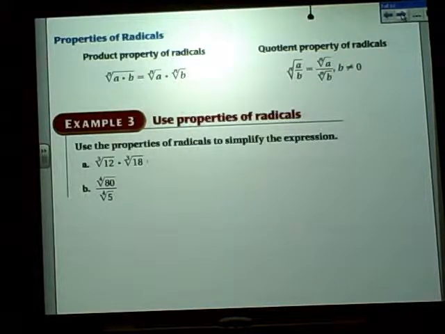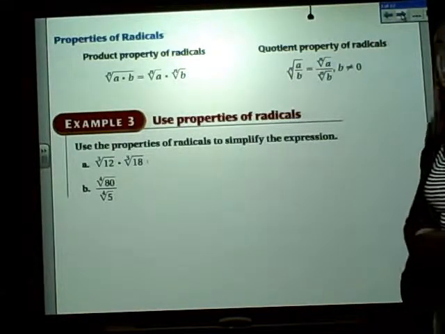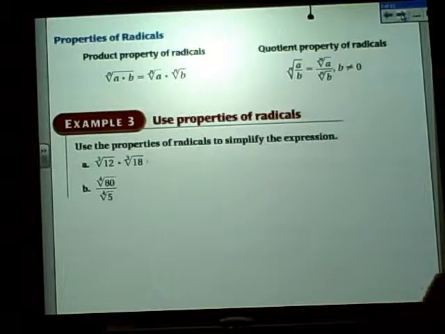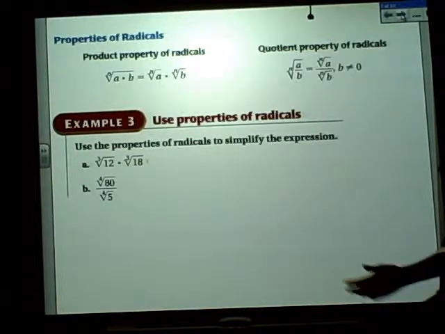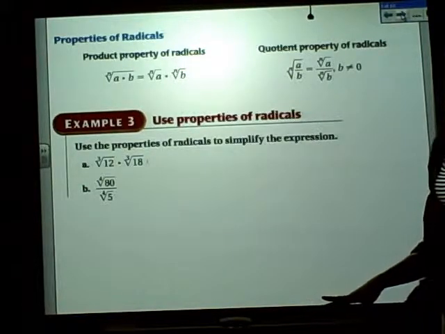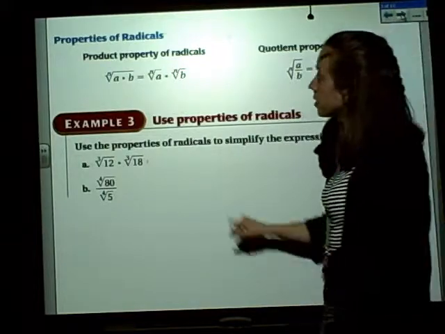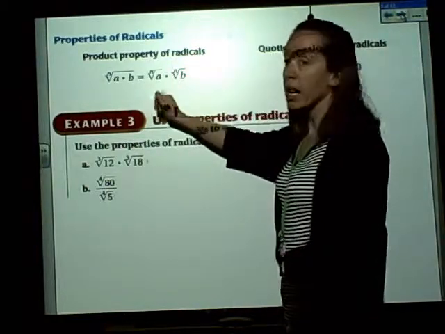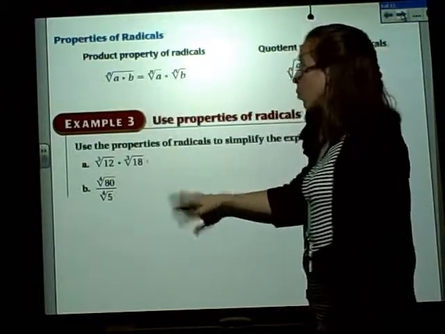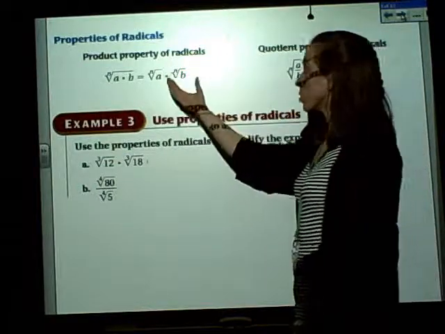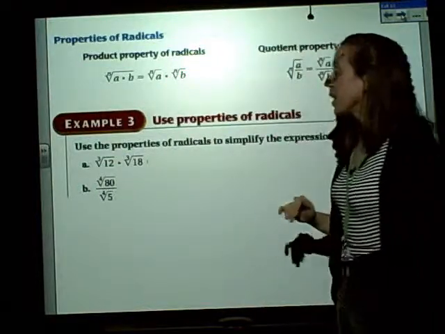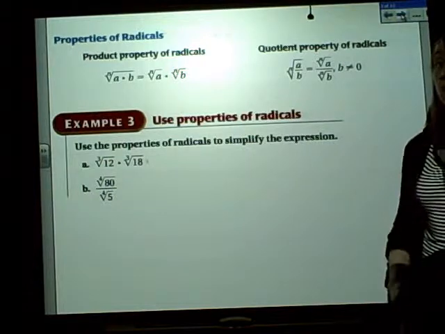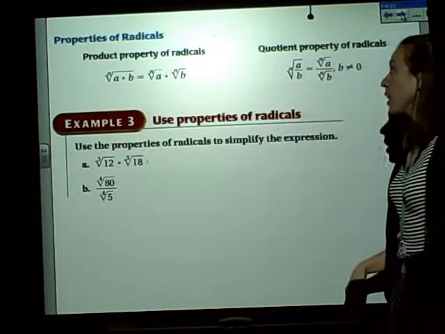Now these two properties are also going to go in your foldable. We have the product property of radicals. It's the same as your square root radicals. Our square root radicals told us that if we are multiplying two radicals, doesn't matter what is underneath that radical, we just multiply the numbers. Same deal with these nth roots.